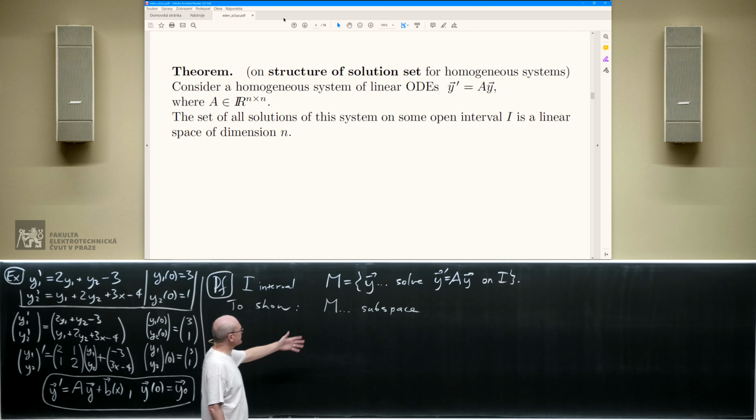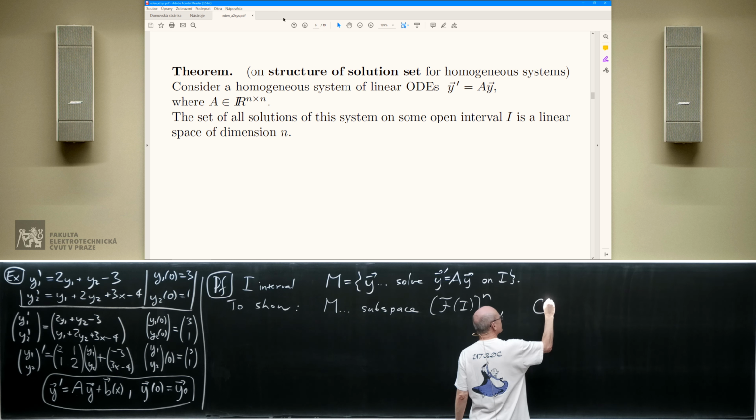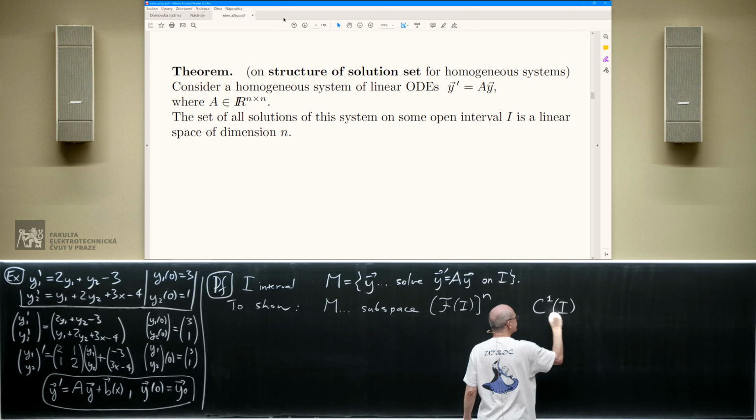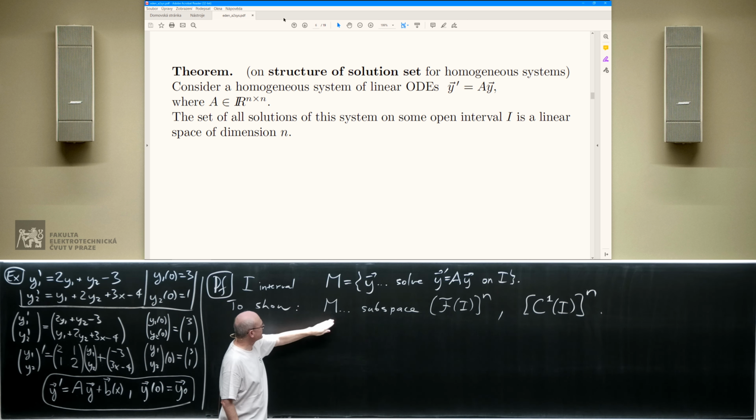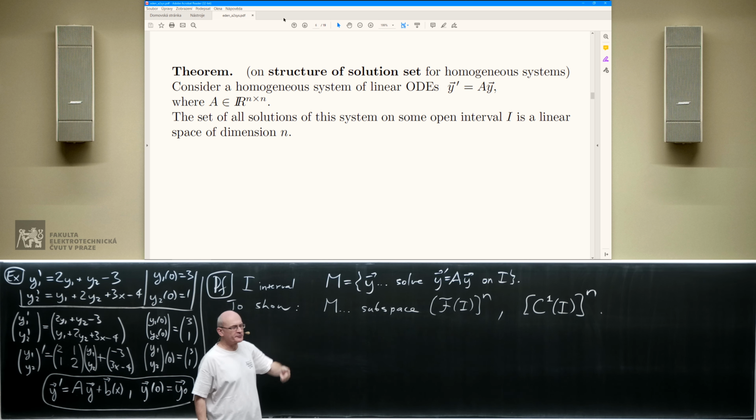Or perhaps we could be more picky and look at functions which are differentiable, because we need differentiable functions, so functions that have first derivative that is continuous on the interval I, but these will be vector functions. These are specific notations. We do not really have to worry much because linear algebra allows us not to worry about the overspace, but to simply ask whether this set M is closed under operations.